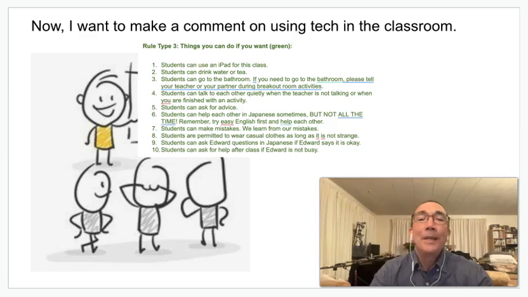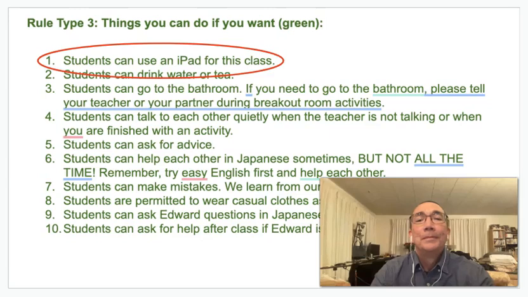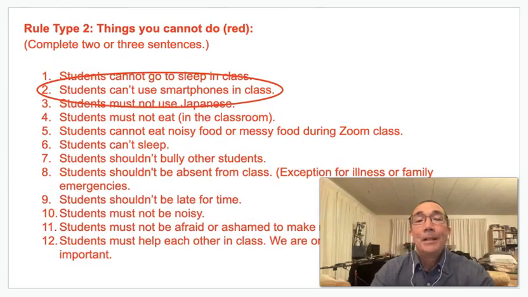Now, I want to make a comment on using tech in the classroom. One group said students can use an iPad for this class, and I understand why. And another group said students can't use smartphones in class, and I understand why.